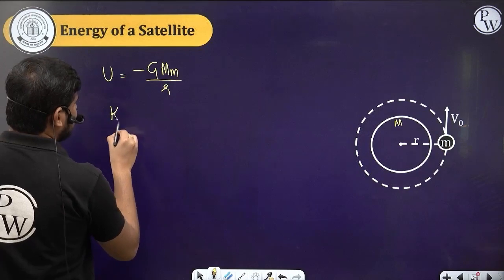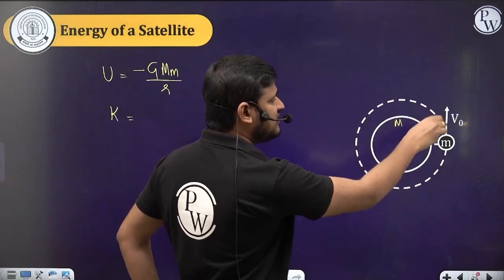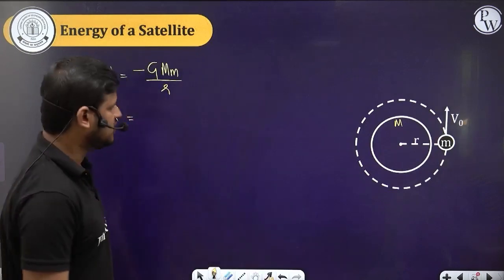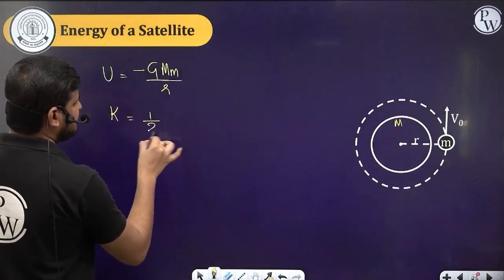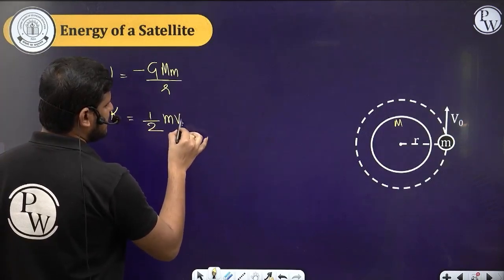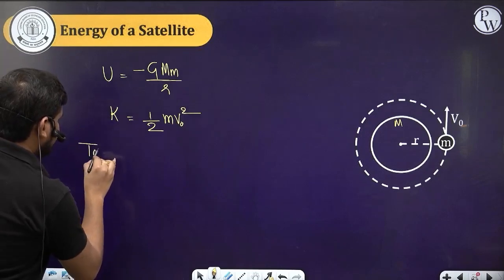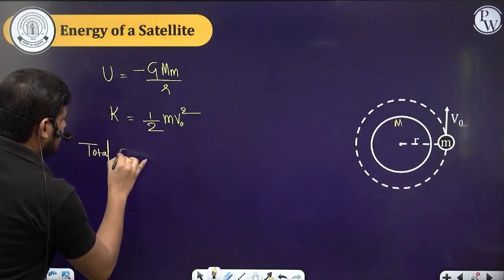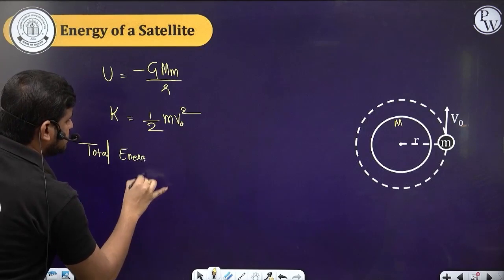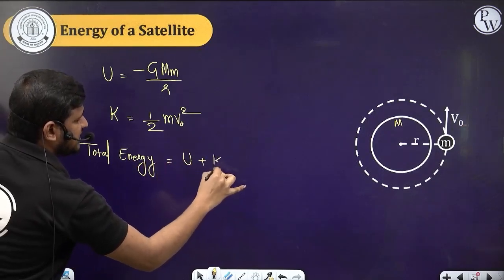And what kinetic energy will it possess? It is revolving around the planet with an orbital velocity of v0, so its kinetic energy will be half m v0 square. Now the total energy is the summation of kinetic energy plus potential energy.